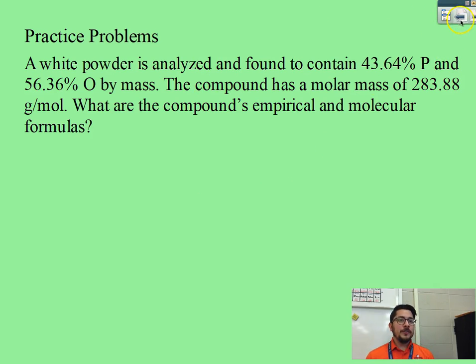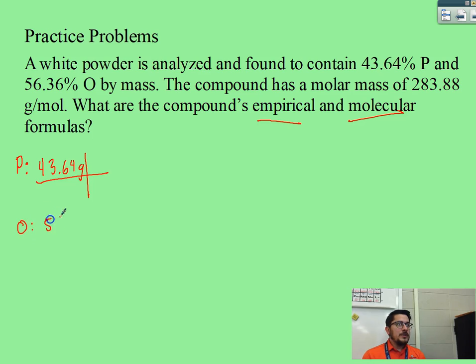The more difficult part is when you have to do both, okay? And so in this one, it's asking what is the empirical and the molecular formula. So you have to set up and do the empirical formula like we did earlier, where we have to list them out and then start solving. So phosphorus is going to be 43.64%, or grams, I'm sorry, because I'm going to change it to grams.